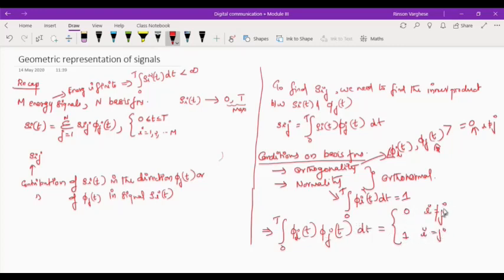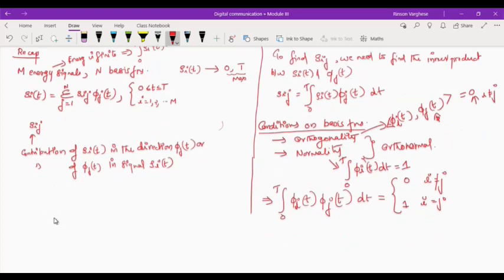So for i not equal to j, that is the inner product between two different basis functions, that is 0. Now when i is equal to j, it is the same basis, so this integration becomes integral 0 to T phi i squared of t dt, which is nothing but the energy of the signal, and that should be equal to 1. So these are the conditions on the basis functions.